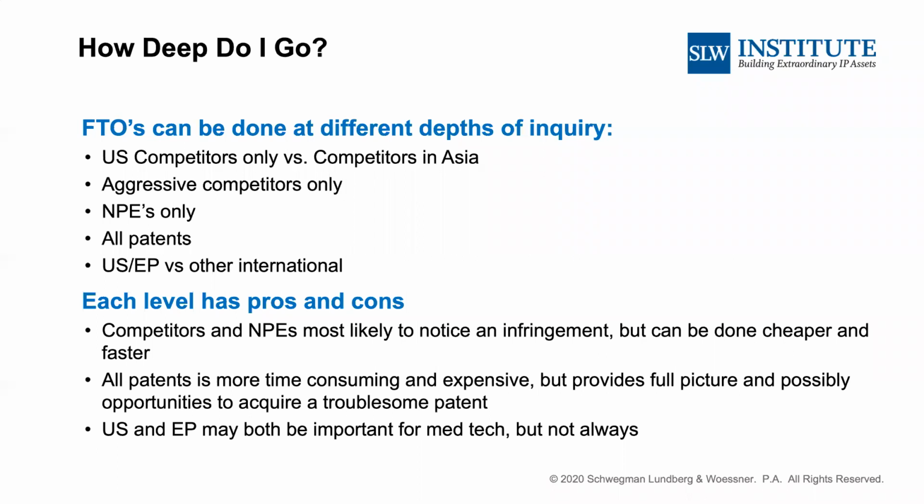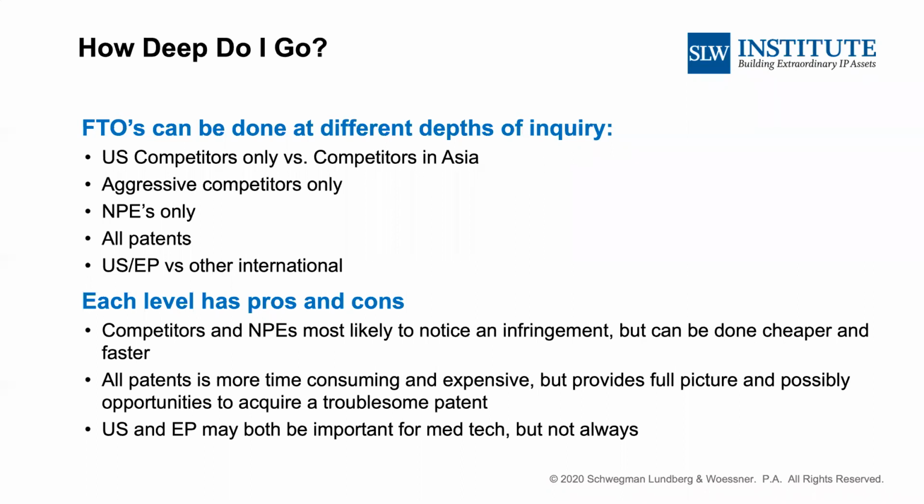And then you can cut it up by whether you want to look at all competitors, or only aggressive competitors. Maybe some of your competitors are giant companies that are known to never really enforce their patents. So maybe it's not worth the effort to spend time clearing patents that are highly unlikely to ever be asserted. The answer to that depends on the company's level of risk tolerance.